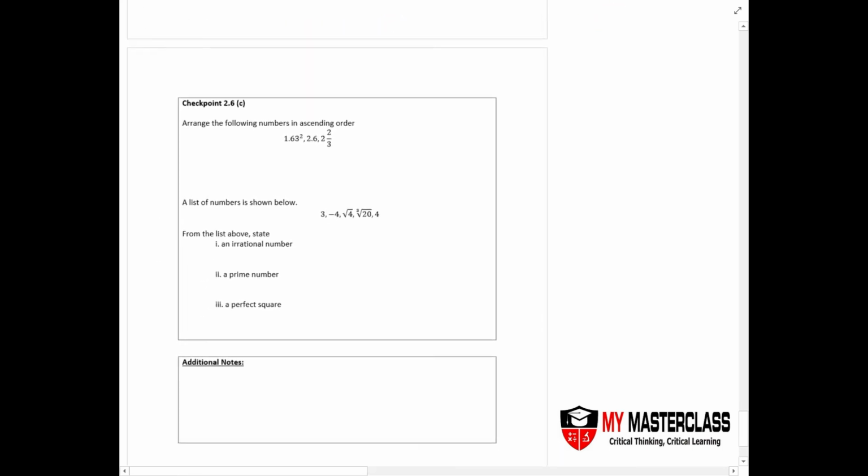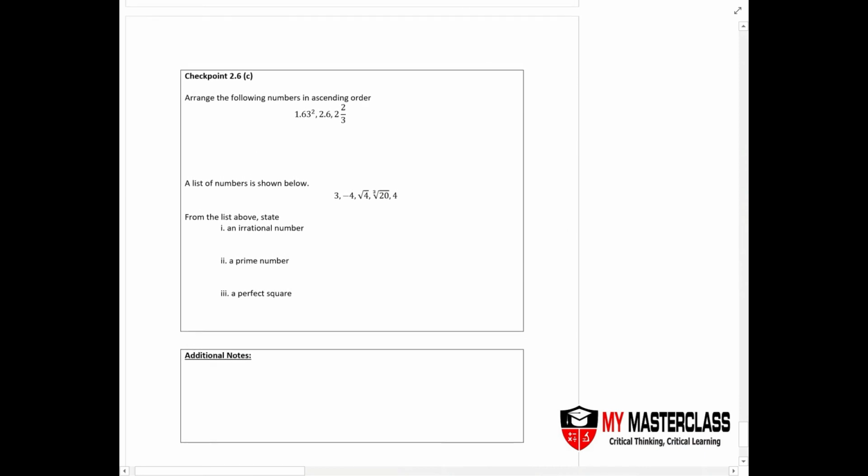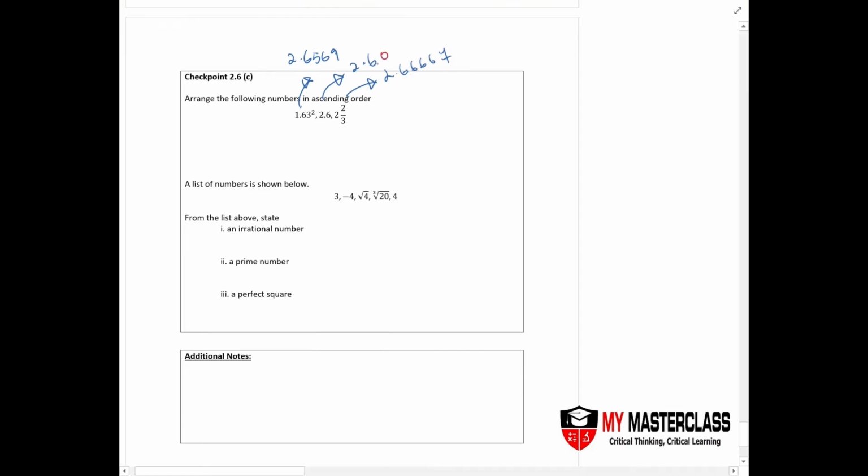Now let's take a look at 2.6, part C. Let's bring this again into its decimal form. So press into the calculator, 1.63 squared would give you 2.6569. 2.6 is quite direct. And then you have 2 over 3, which is 2.6667. Now note, when I have 2.6, it means that this is 2.60.